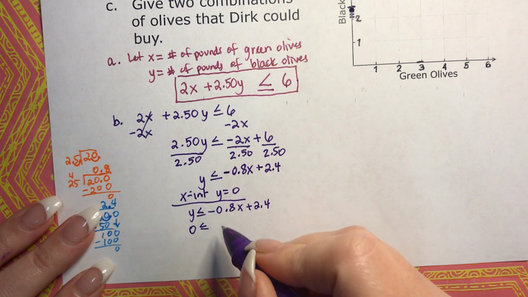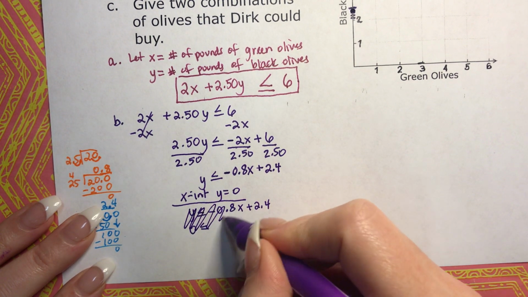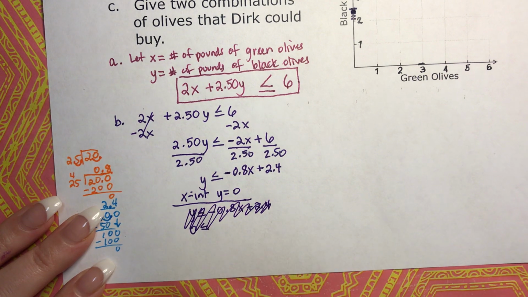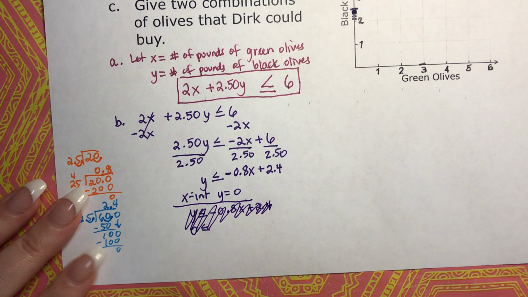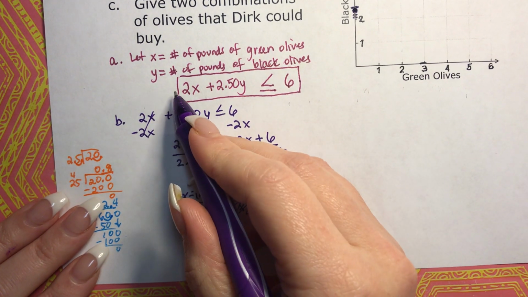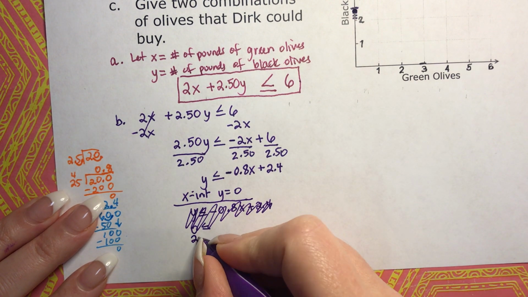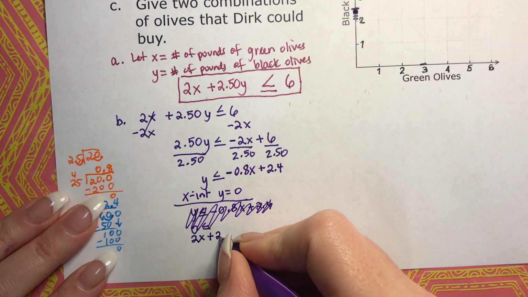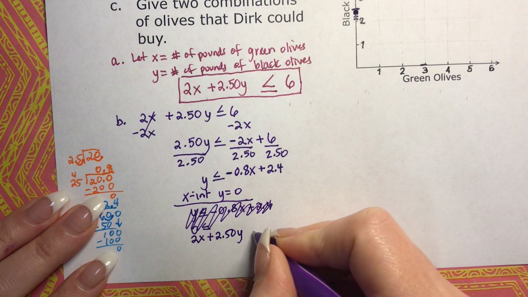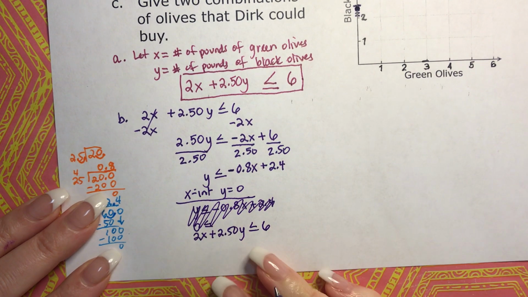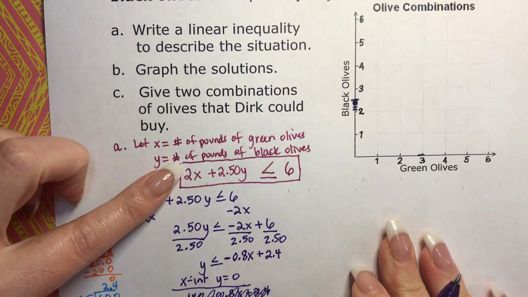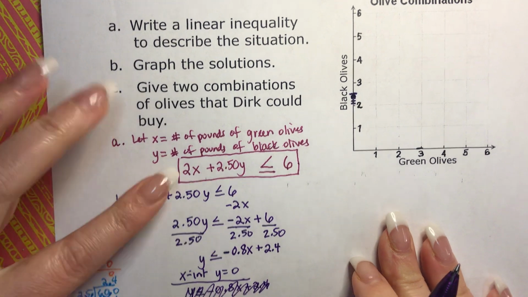So I'm going to just get rid of this. Okay. So I'm going to write the original equation here. Remember, whenever you do this, you want to use the original equation. Okay. Can you see that? Original equation, right, this equation, not equation, inequality, sorry about that.